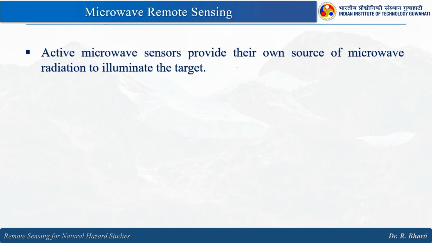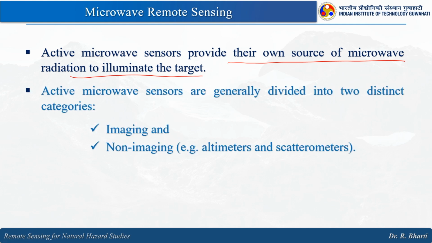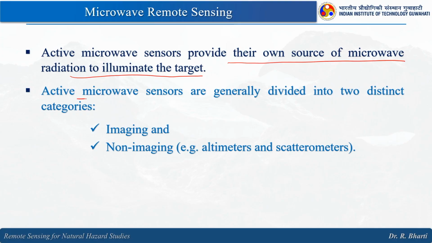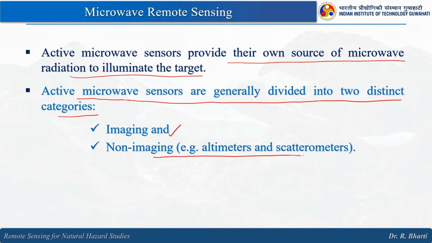Active microwave sensors provide their own source of microwave radiation to illuminate the target. Remember the previous slide where I showed you two examples, one where the sun is the source of light and in another case the sensor itself has the source of radiation. The active microwave sensors are generally divided into two distinct categories. The first one is imaging and another one is non-imaging.